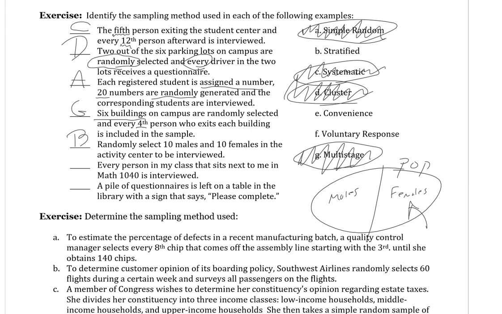And then they went into each of these groups and selected 10 random from each of the groups. So that means that this is a stratified sample because they went to each group and they randomly selected from each. So that's why this is stratified.